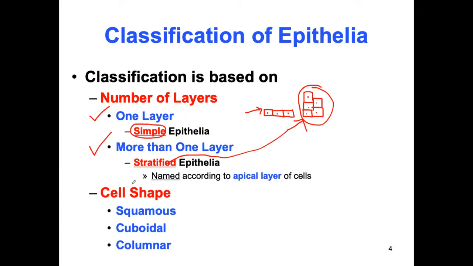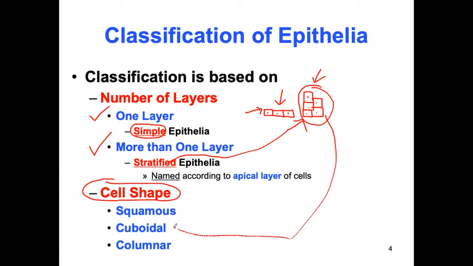Now, the second thing we look at is we have to refer to, in its name, the shape of the cells. So in this particular case, and here, as well as here, I draw them as boxes or cubes. So then those would be referred to as cuboidal.